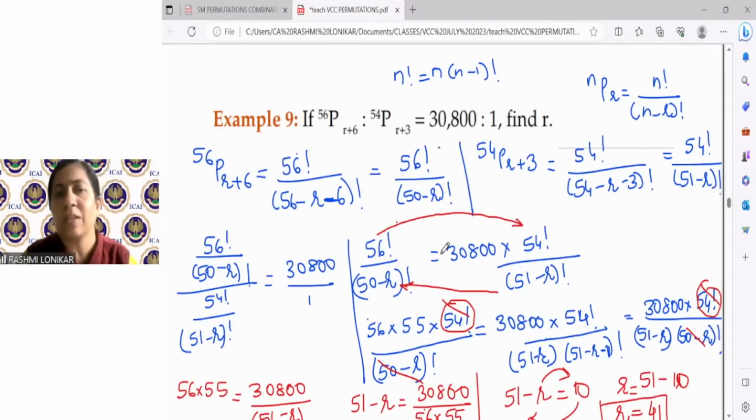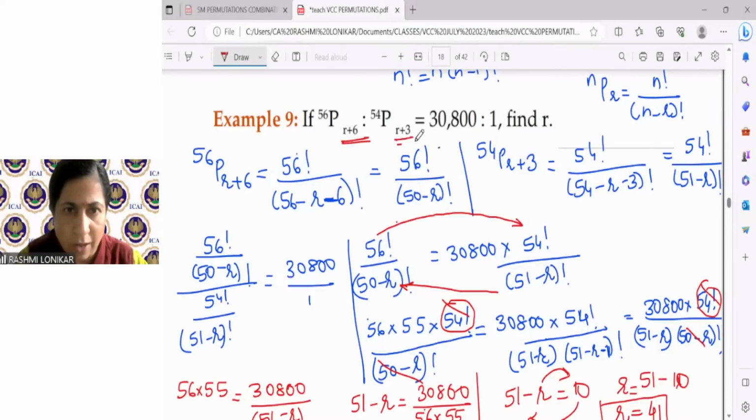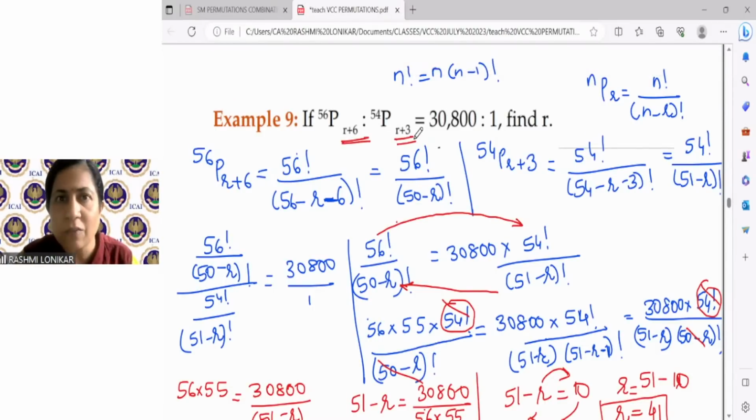Here, instead of r, I have r plus 6, and here I have r plus 3. That does not change the formula. Instead of r, I'm going to write r plus 6, and instead of r, I'm going to write r plus 3 in the RHS. Just write down the formula and then cross multiply so that it becomes easy for you to solve. Purposefully I've taken the difficult sum so that your confidence is able to rise.